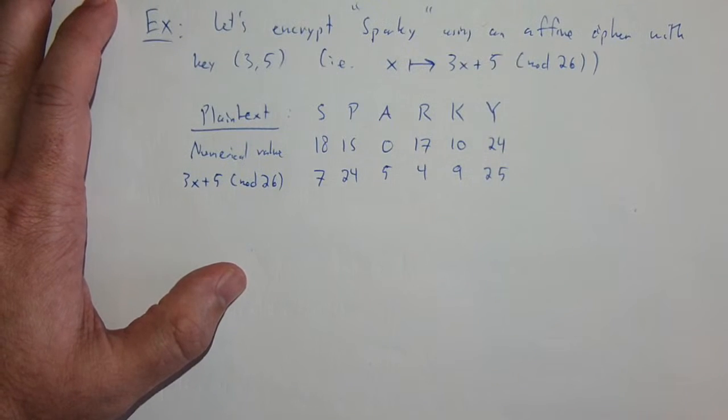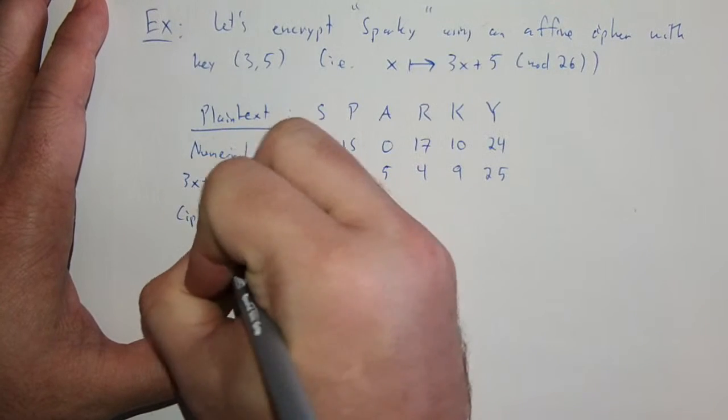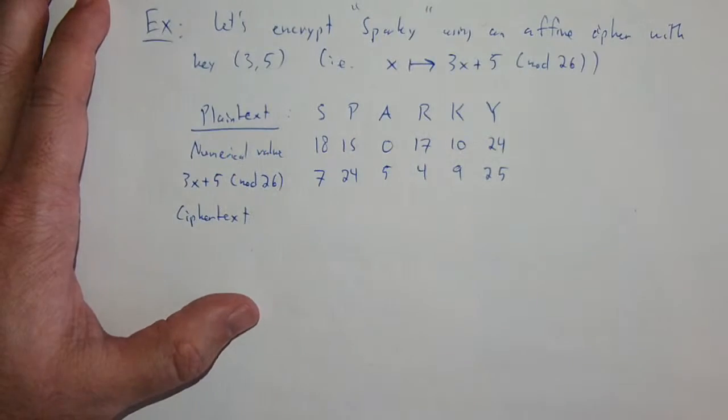Okay. And so now, what's our cipher text look like? So now I have to translate this back into letters.